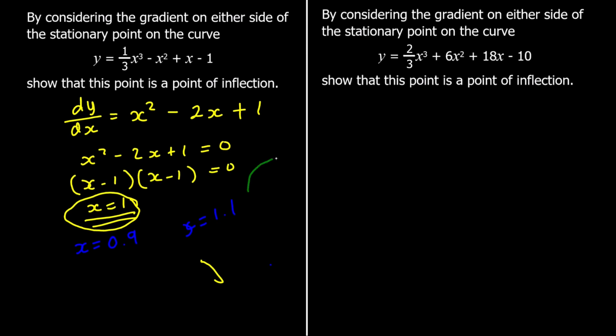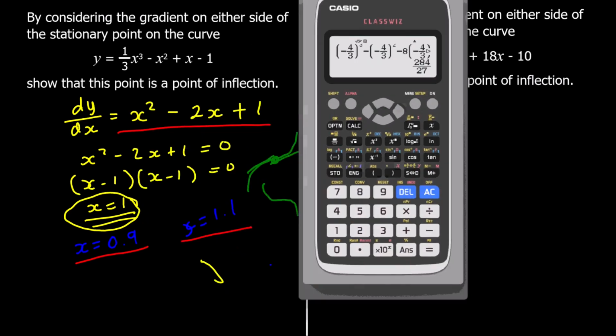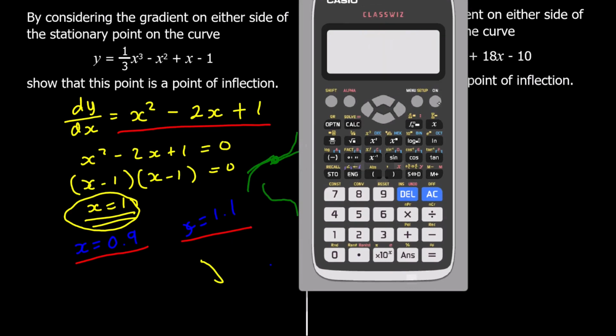So if it's a point of inflection, the gradient will be the same on either side. So it's either going to be positive and positive, or negative and negative if it was going down. So let's substitute both of these into our gradient function. So we have 0.9 squared minus 2 times 0.9 plus 1.